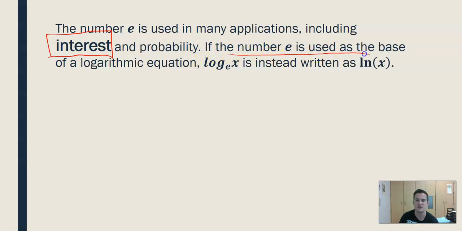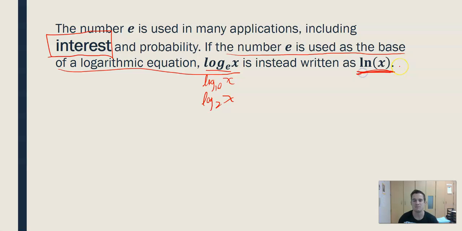If the number e is used as the base of a logarithmic equation, instead of like log base 10 of x, or log base 2 of x, if it's written log base e of x, we write that instead as ln x. So ln is just the way of saying log base e. It's just the lazy mathematician's way of writing a log with a base of e.